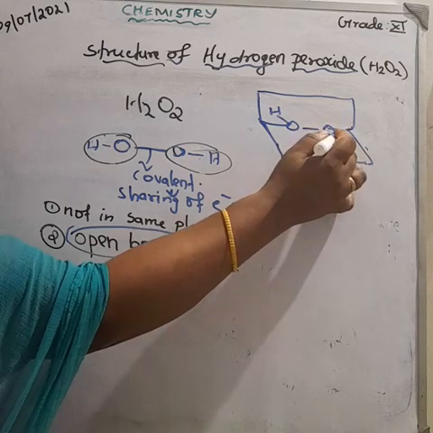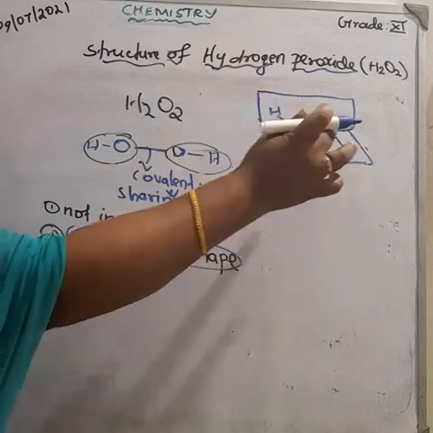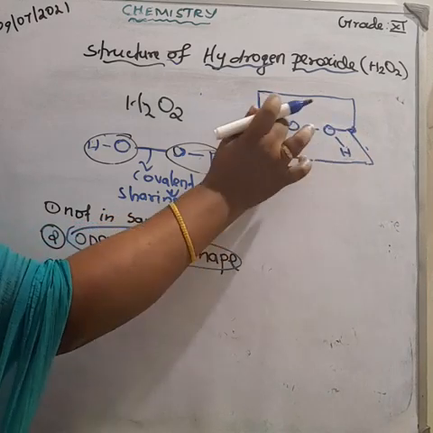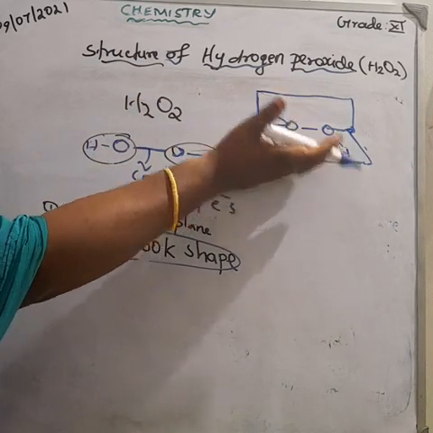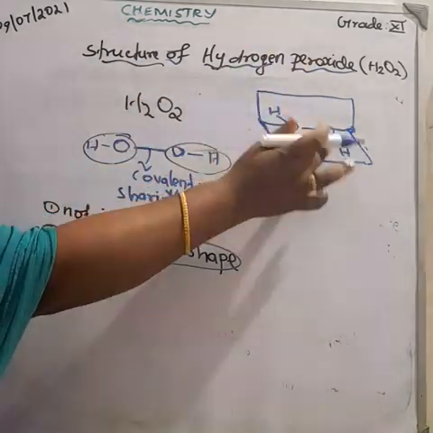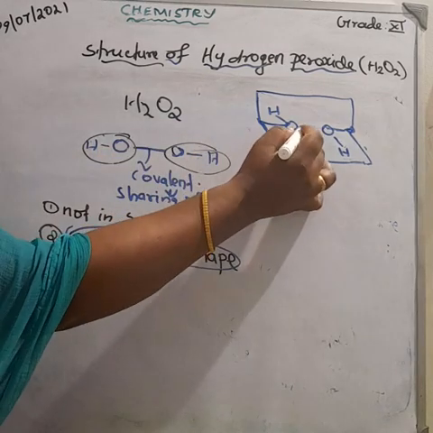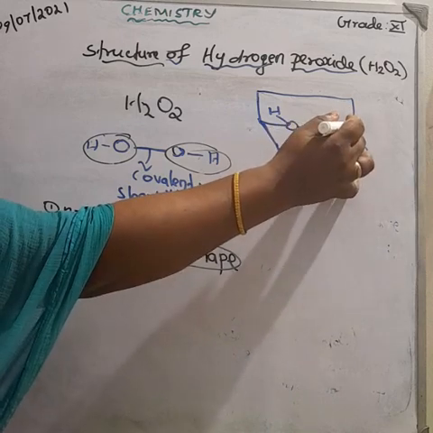And the oxygen atoms lie along the spine. Along the spine means they are in a linear position. The two oxygen atoms are in the linear position, but the hydrogen atoms are in skew conformation, meaning a slant position.